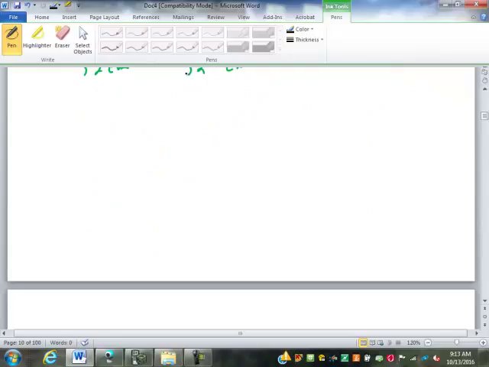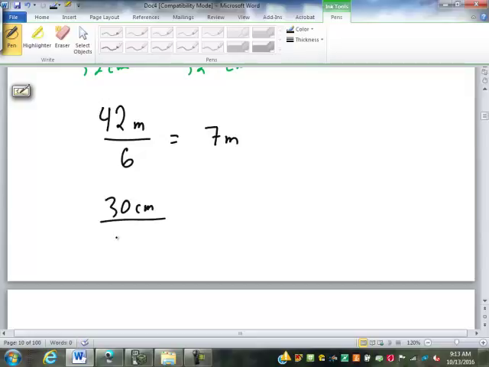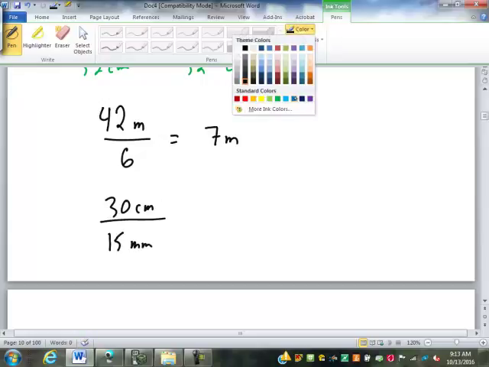So then, multiplication and division, same way. We either multiply or divide by a scalar, a counting number, or another measurement. If it's another measurement, it has to be in the same units. If I have 42 meters divided by 6, well, that's just going to be 42 divided by 6 is 7, and we keep the meters. If I have 30 centimeters divided by, oh, I don't know, 15 millimeters, now there's a problem.